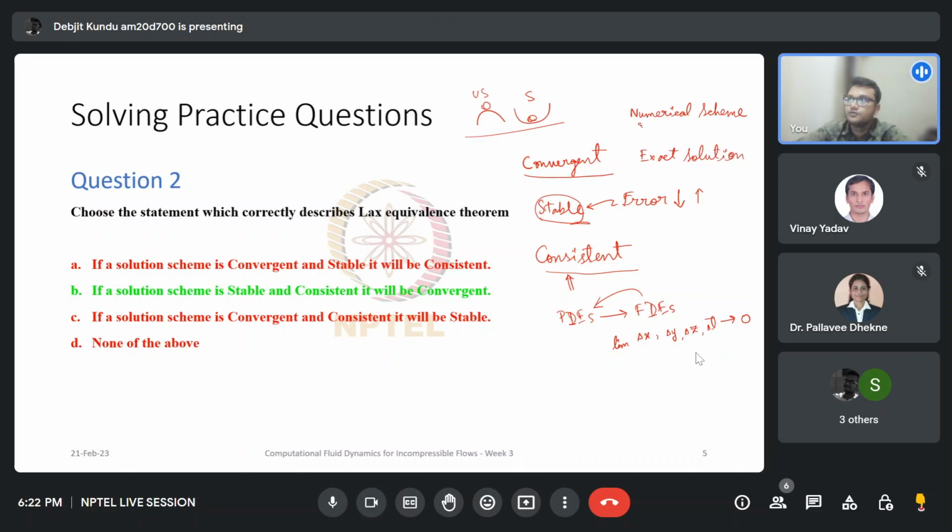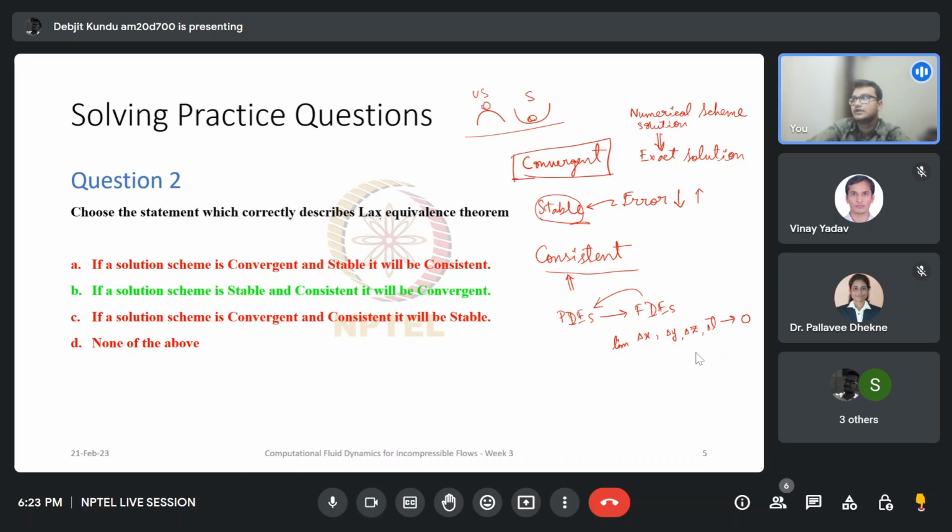So the numerical solution that we get using the scheme should approach the exact solution. And any schemes which enable this are known as convergent schemes.